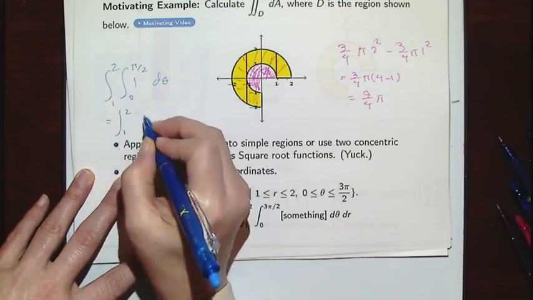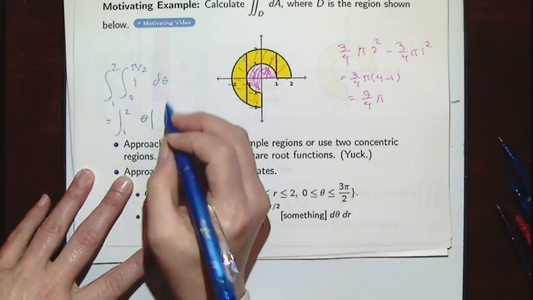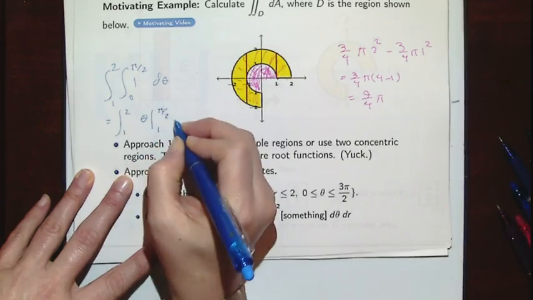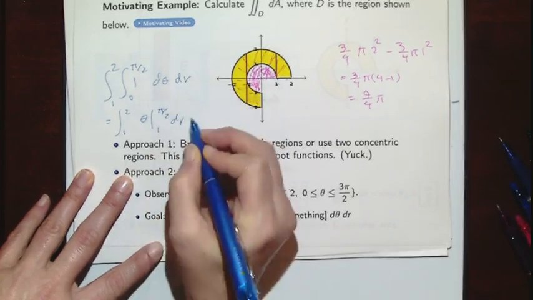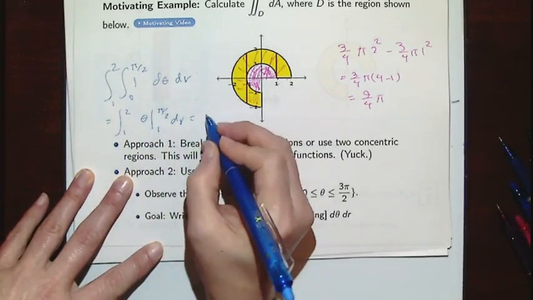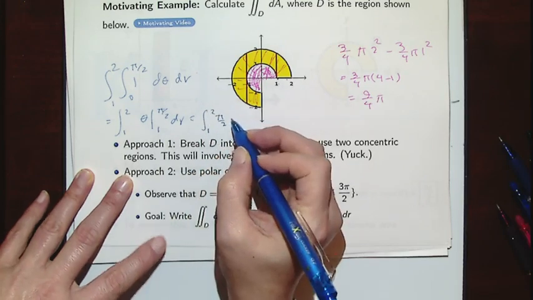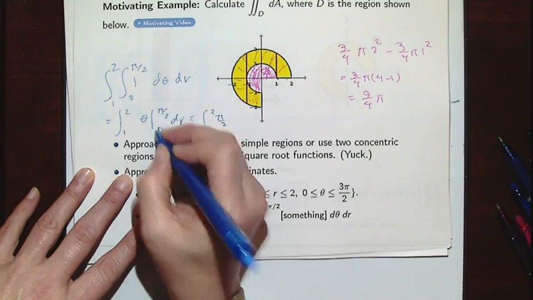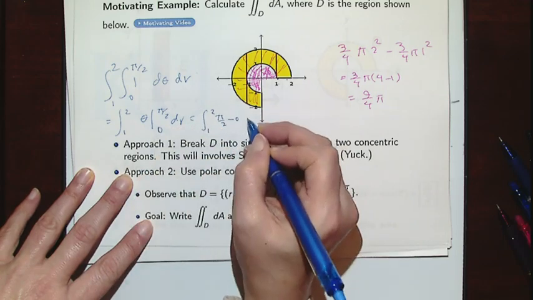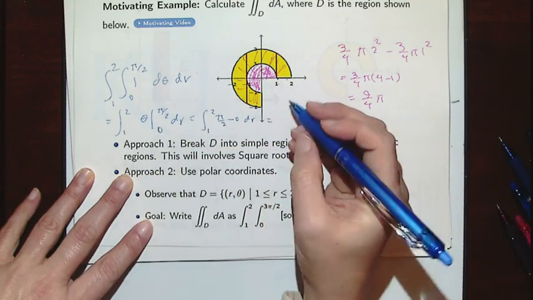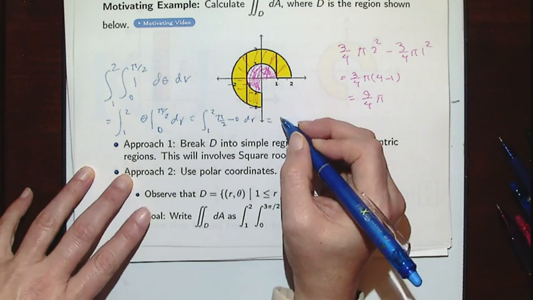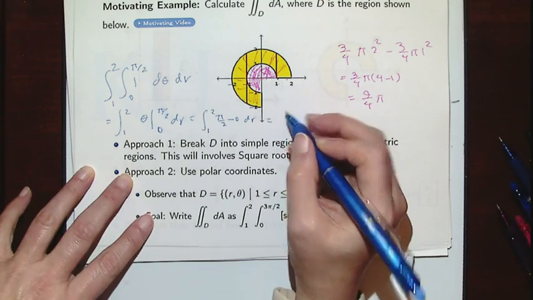The inner integral would be theta between 0 and pi half, dr. And then I get the integral from 1 to 2 of pi half minus 0 dr, which ends up being what? Oh, 3 pi half.